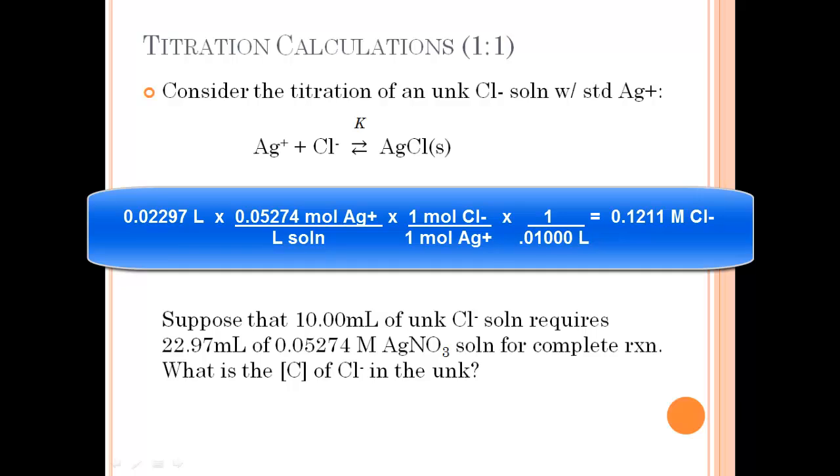In essence, that is the moles of silver, and I know that I have a 1-to-1 molar ratio of silver to chloride. So therefore, I take that and I divide it by 0.010 because that's how much volume of the chloride was used. So if I do that, you should get 0.1211 molar.